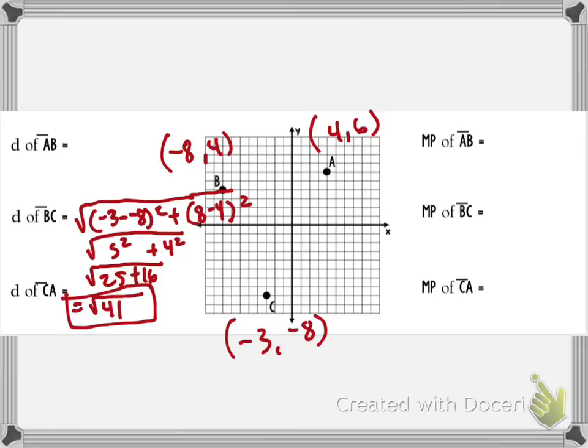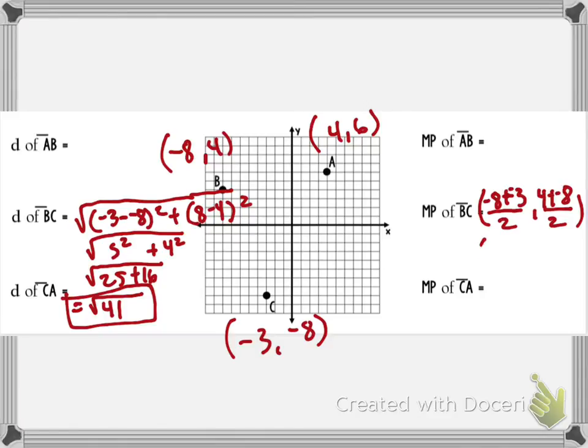Go ahead and set up your formula for the midpoint of B and C, please. Very good. You guys should be adding both the x values and then the y values for B and C. So for x, I have -8 plus -3, and then for y, I have 4 plus -8.